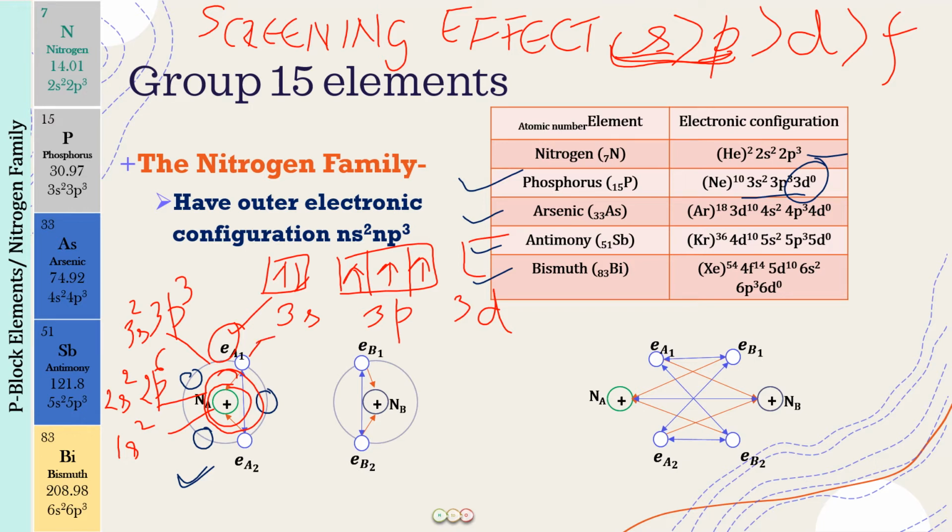Now these electrons are being repelled by the inner electrons, which are the 1s2, 2s2 and 2p6 electrons. So when they are being repelled, understand that this atom is going to form a bond with another atom. It can be any atom. I'm not specifying which atom here, but it is forming a bond with this atom. When it forms a bond, this atom is going to come closer like this.